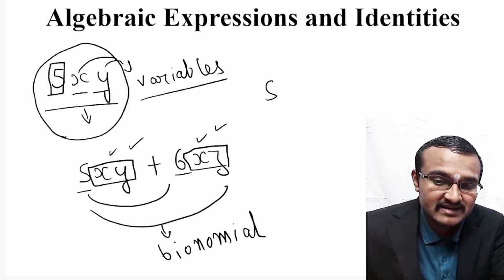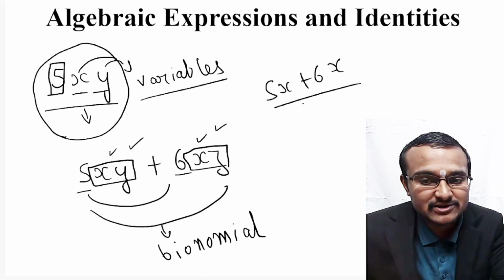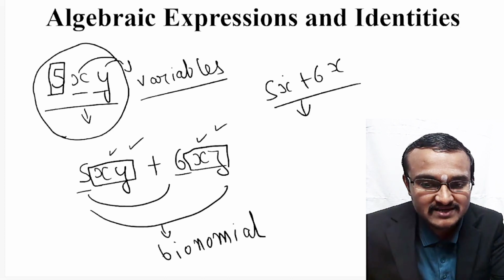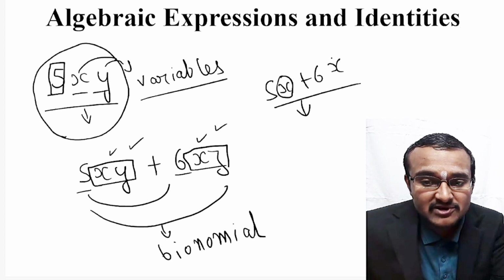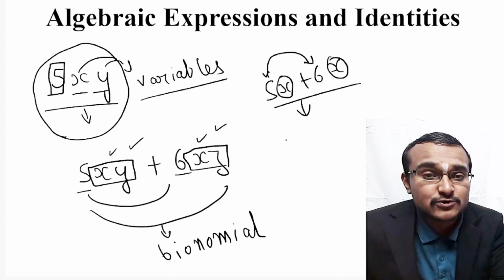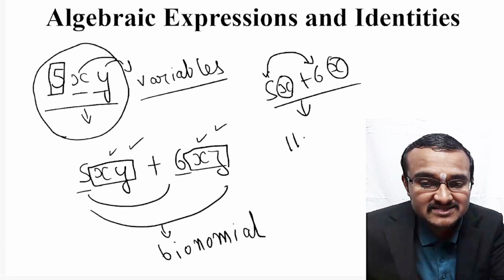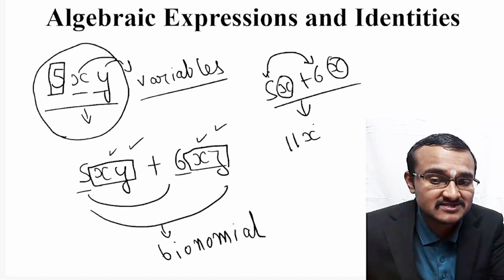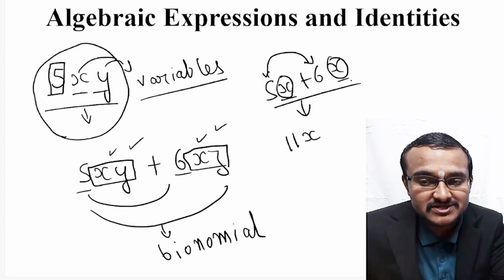Let's say I give you 5x plus 6x. This cannot be a binomial because when you see here, the variables of 5 and 6 are the same. So you can perform the addition operation between 5 and 6, and it will be 11x. x is common because here also x is there, here also x is there.